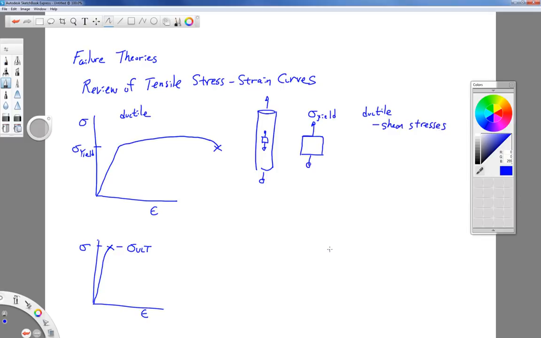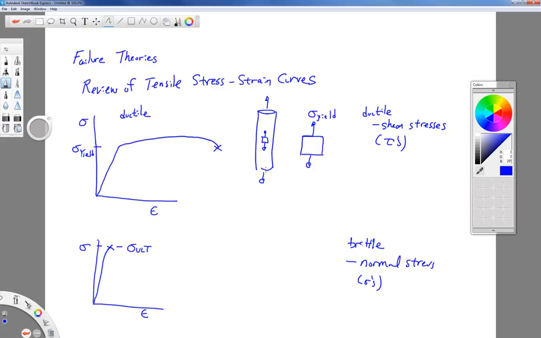If you have a brittle material, those tend to fail because of normal stresses. So these are taus and these are sigmas. Now, if you look at the stress strain curve, obviously this is a sigma, but we're going to have to relate this sigma back to a shearing stress in this case.